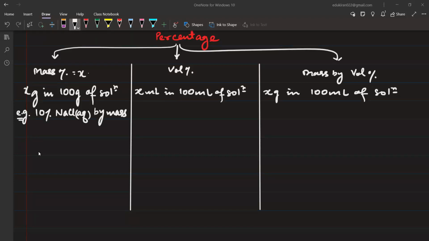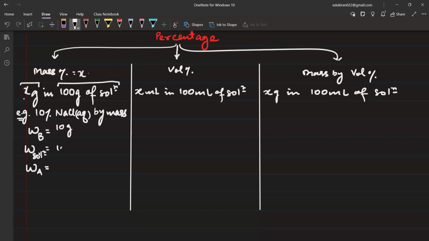First of all is the mass of solute. Remember, B is for solute. Then you can find out the mass of solution. I will write W solution. And you can also find out the mass of solvent very easily. How? See, X gram in 100 gram of solution. So 100 gram of solution is there and you have X gram. What is this X? X is the mass percentage. What percentage is here? 10%. So 10 gram.